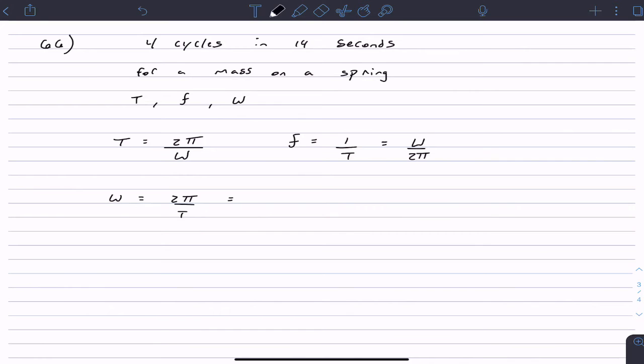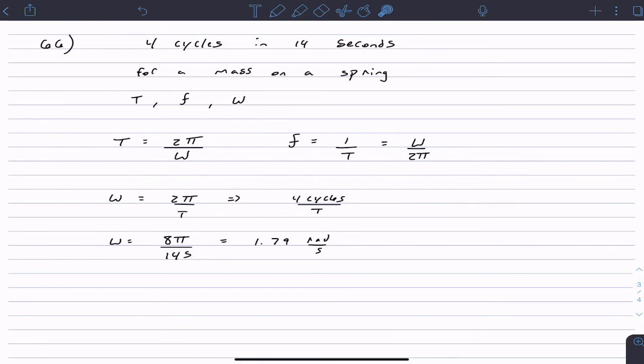But we're told that this completes 4 cycles in your period. So then we can say that this is the case. We have 4 times 2 pi is 8 pi over the period of 14 seconds. Okay, we can do that, and this is going to give you a value of 1.79 radians per second.